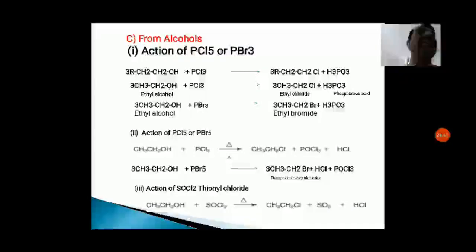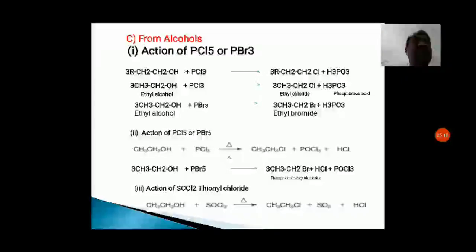We can prepare alkyl halides from alcohol by different methods. First, by the action of PCl3 or PBr3, we can replace the OH from alcohol by halogen atoms. Above is the reaction of the alcohol with PCl3. Here the OH group is replaced by Cl, and phosphorus acid is liberated.